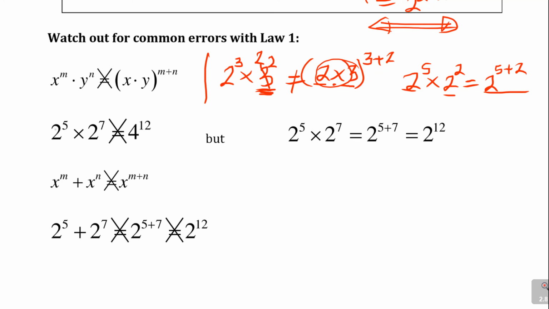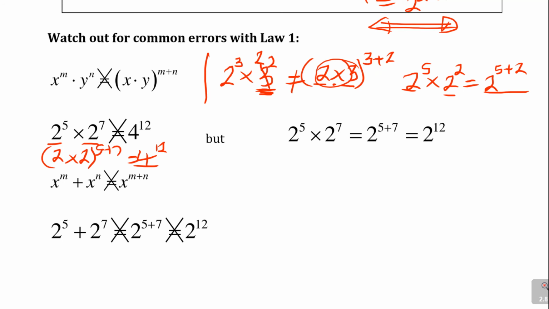That's all you need to do. So you don't say this is equal to 2 times 2, and then 5 plus 7, so that it's 4 to the power 12. You don't do that, it's wrong.